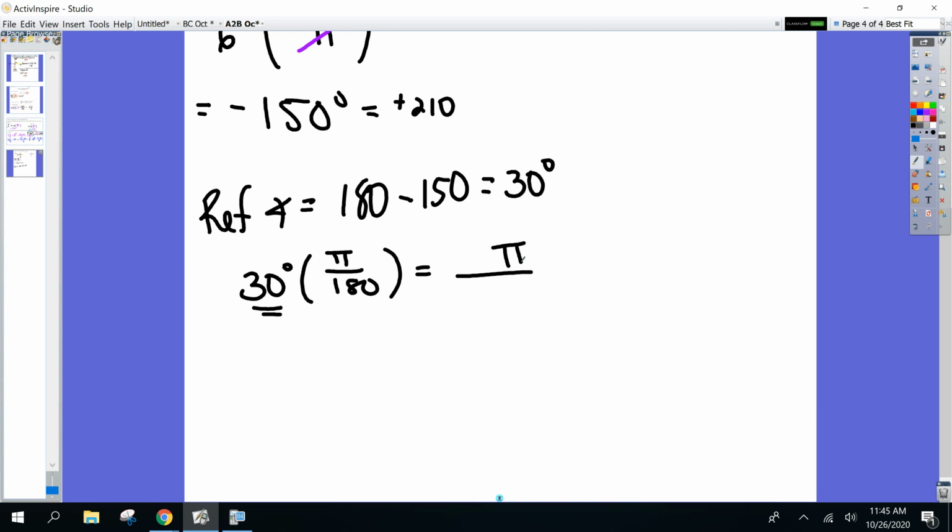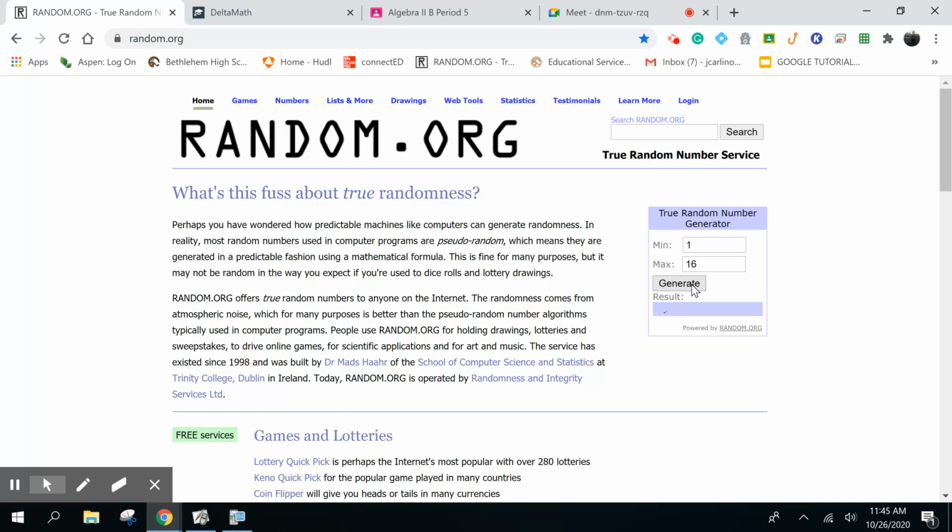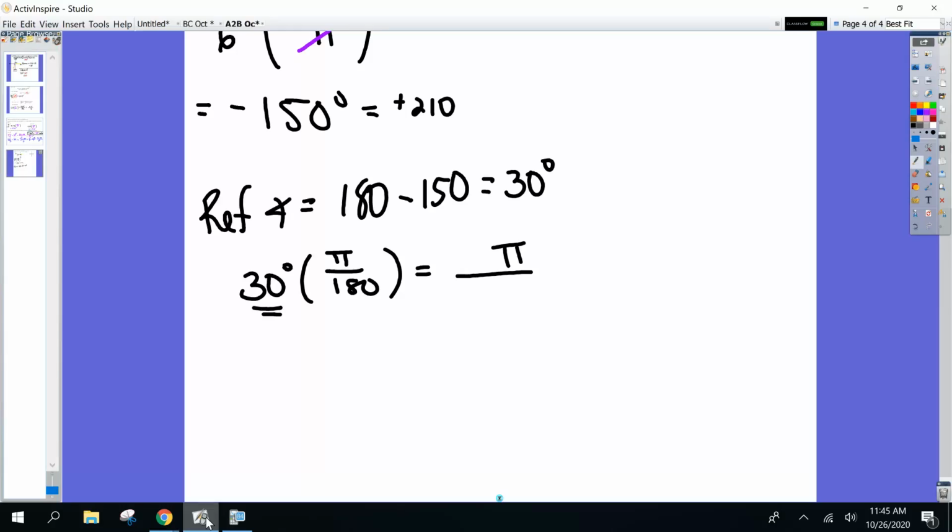30 over 180 in your calculator. And when you're ready, what's that reduced down to? Colin, what's it reduced down to?